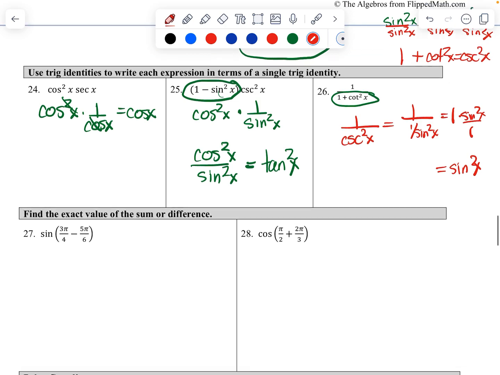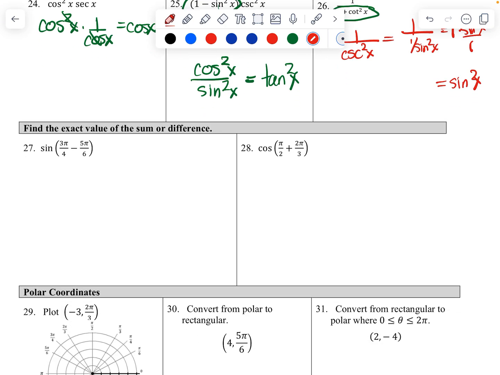And now we have the sum and difference. So this is a sine. So I go to that formula sheet, and this is the sine of alpha cosine beta minus the sine of beta cosine of alpha.